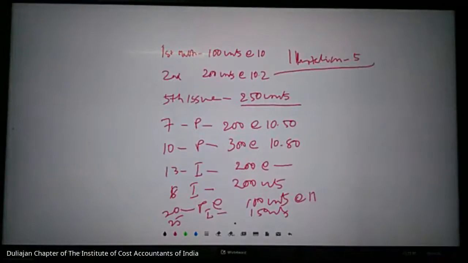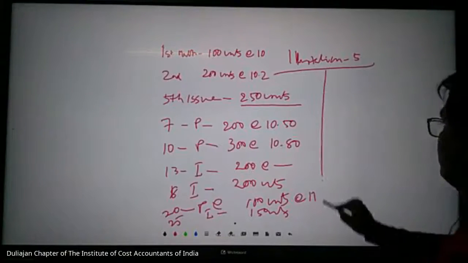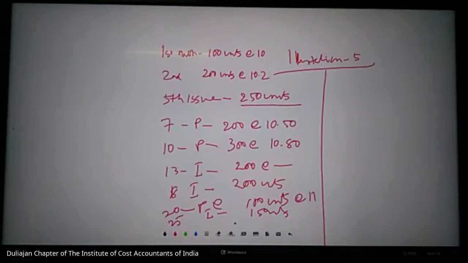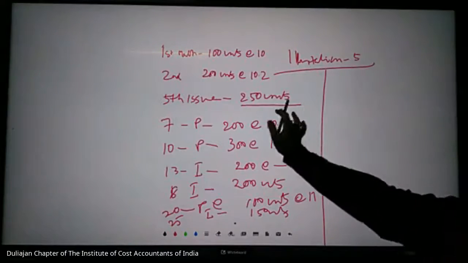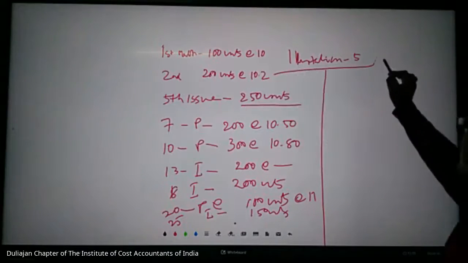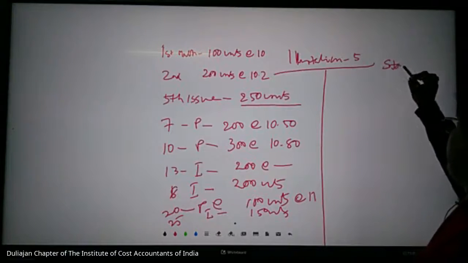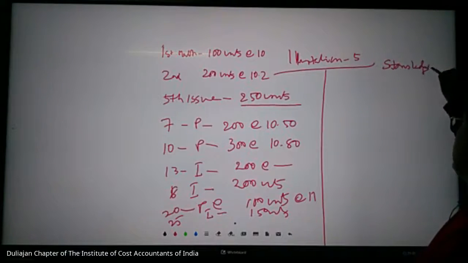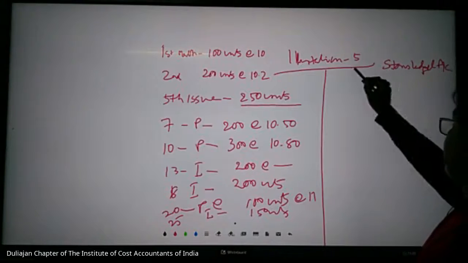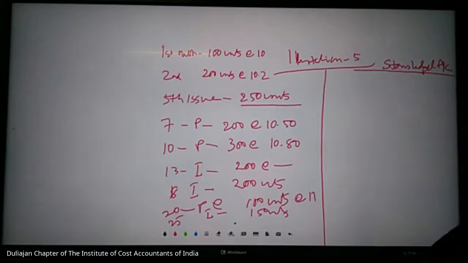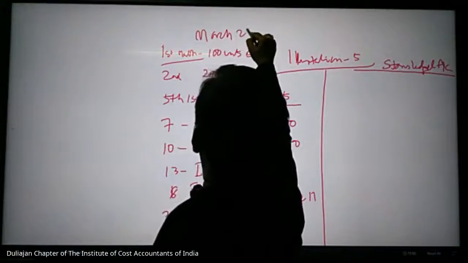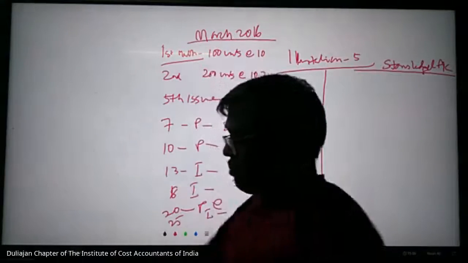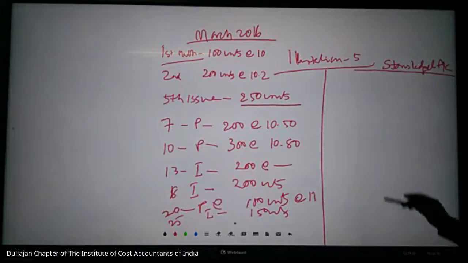Now these transactions I am going to record. Suppose this is my stores ledger account. I have to prepare my stores ledger account. In this stores ledger account, I will record all the transactions of March 2016.